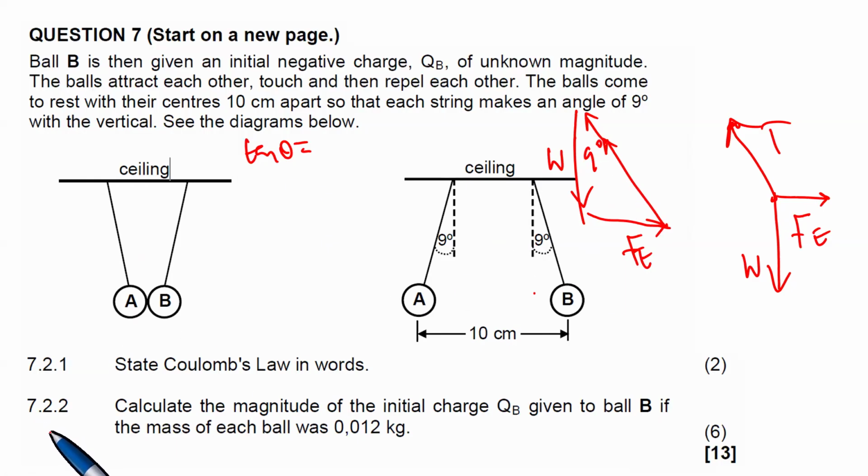So if you're going to do the tan of theta, it's going to be exactly what? Opposite over adjacent, so you can do the tangent of 9 degrees, which is opposite over adjacent.